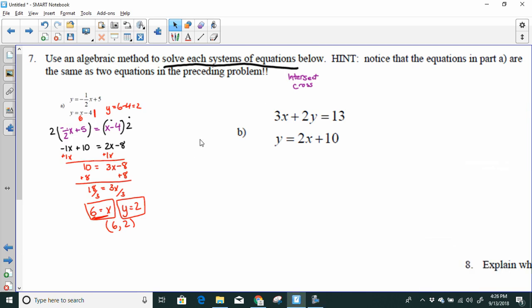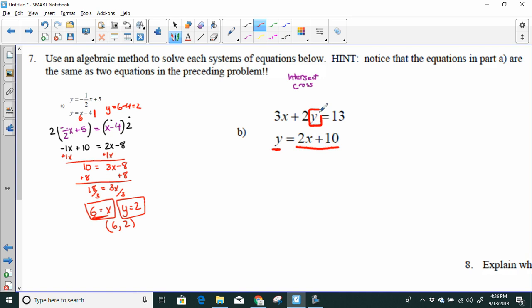Question B. Again, to solve a system of equations, you could use the substitution method. Meaning, we could say if y is all this stuff, y is the same thing as 2x plus 10, then I can replace this y in the upper equation with 2x plus 10.